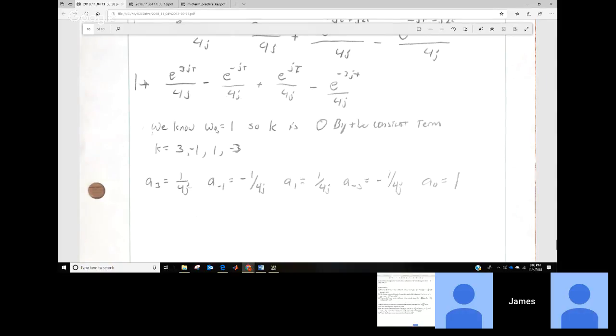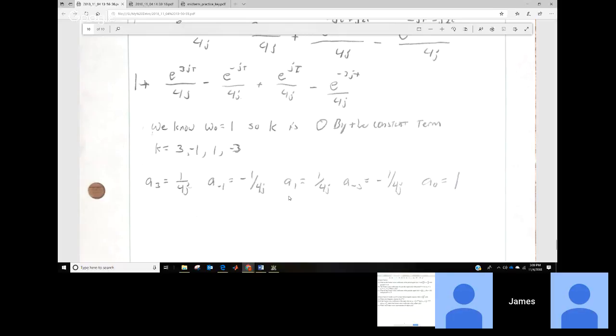So we know that omega naught is 1, and so we have these coefficients to be our k's. Our A3 coefficient is 1, is this one. So we just pull this coefficient out, which is 1 divided by 4j. When k equals -1, our coefficient is -1 divided by 4j.